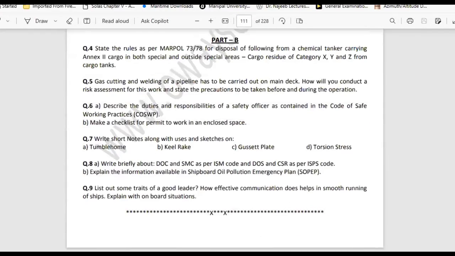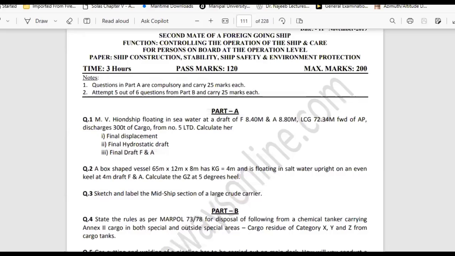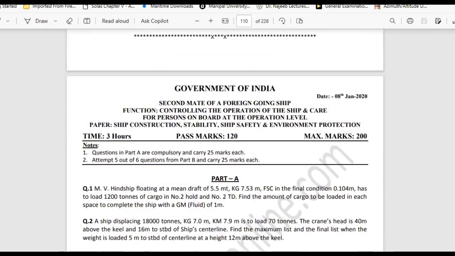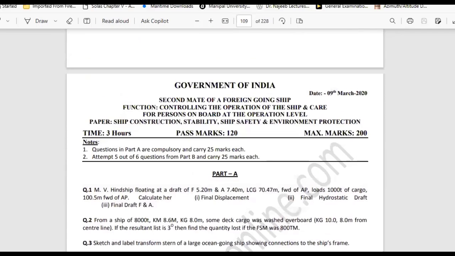They are asking different types of questions.